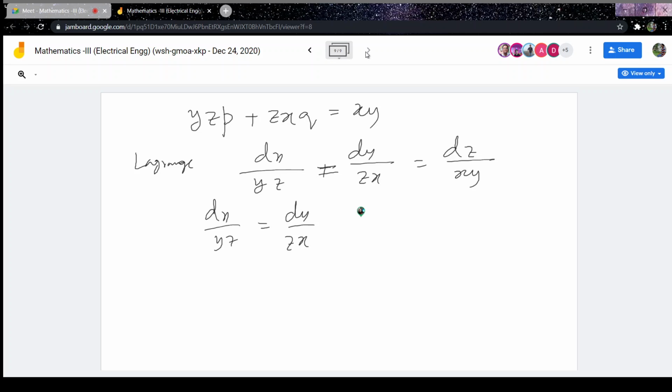So your x dx minus y dy is equal to 0. So integrating, I will have x square minus y square is equal to c1. Okay. So find out the other one. This is also very easy.